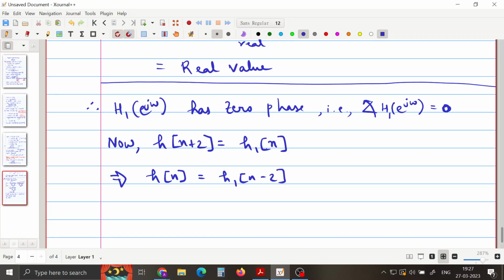You just replace n by n minus 2 on both sides. Now if you take the DTFT, the Fourier transform on both sides, you get this, and what do you get on the right side?